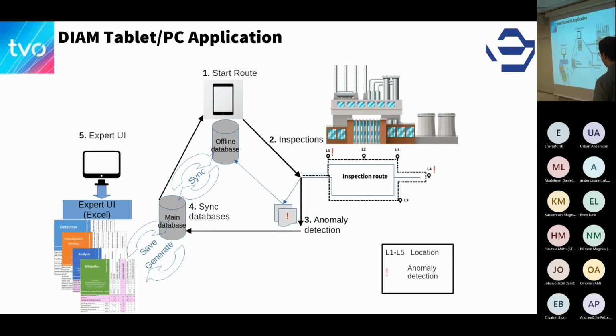In this stage, we might have a situation where we have detected an anomaly and narrowed down the list somehow. The next step would be for an expert to use the expert user interface, which comes from the main database, because all the information is stored in the main database.